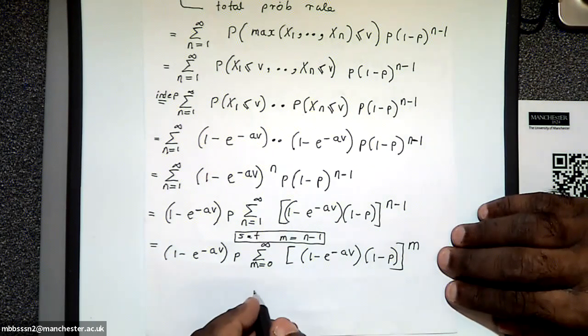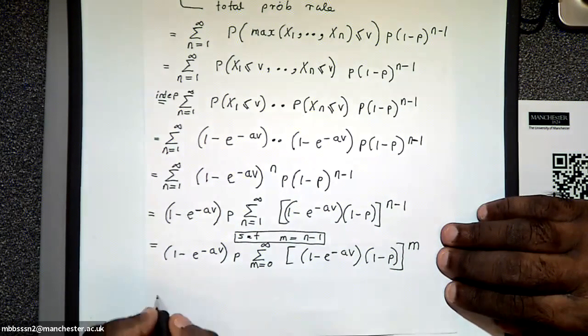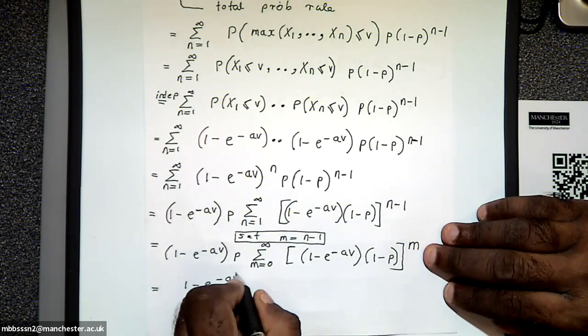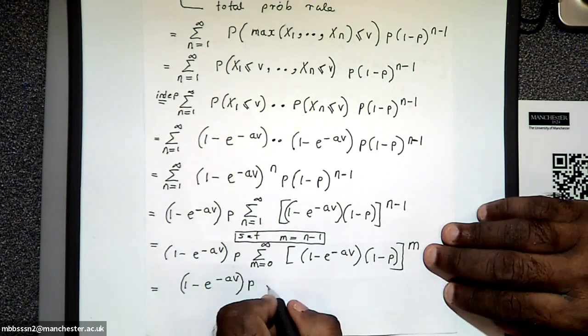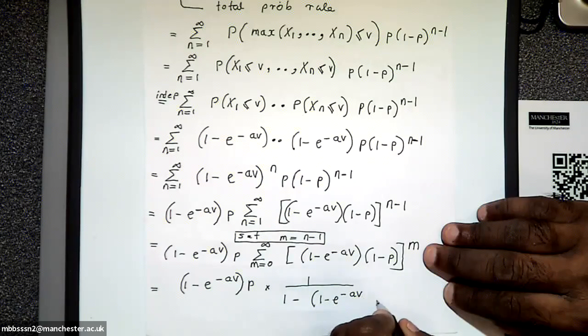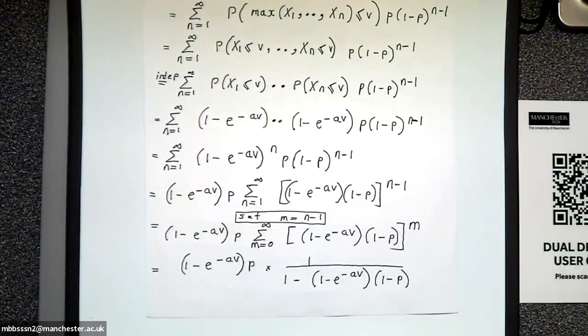Now, in the next step, I'm going to use the summation formula that I gave you earlier. So this guy will become 1 minus, times 1 minus 1 over 1 minus, this is what you get. So this is the CDF of the maximum portfolio loss.